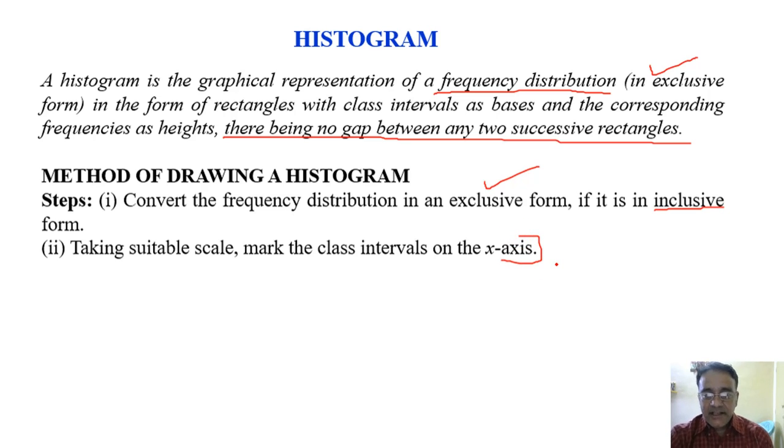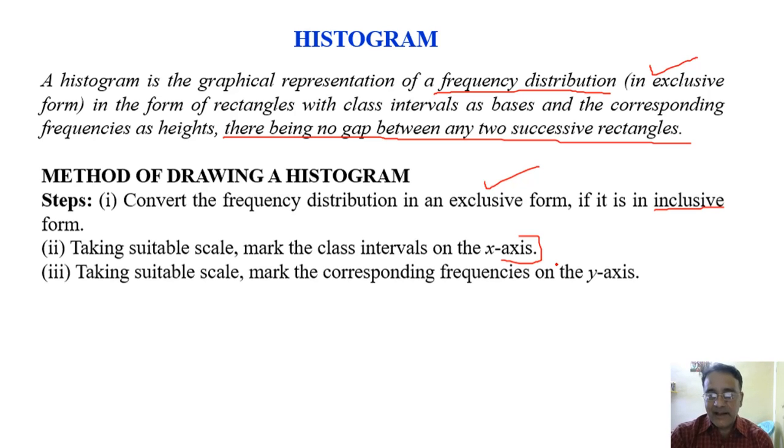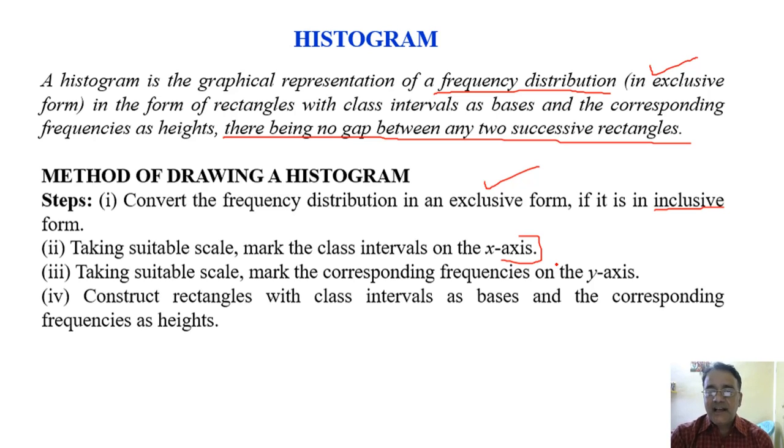Then taking suitable scale, you have to mark the corresponding frequencies also on the y-axis. Then you have to construct a rectangle with class interval as the base and corresponding frequencies as the heights.